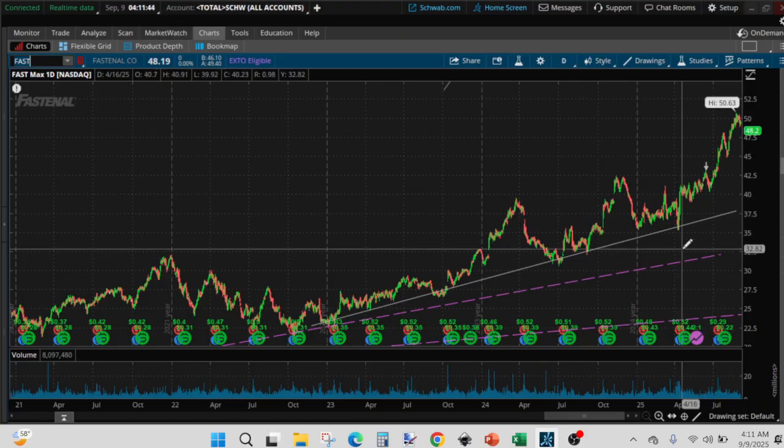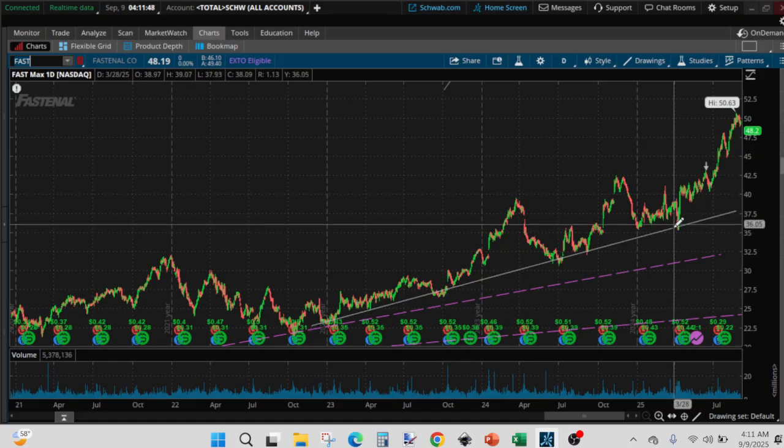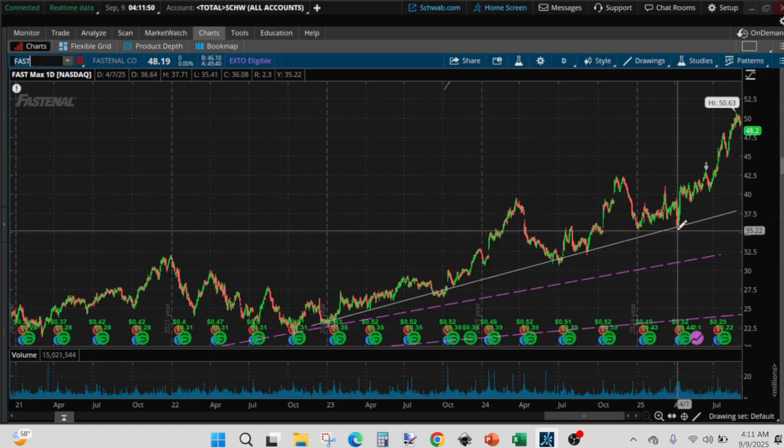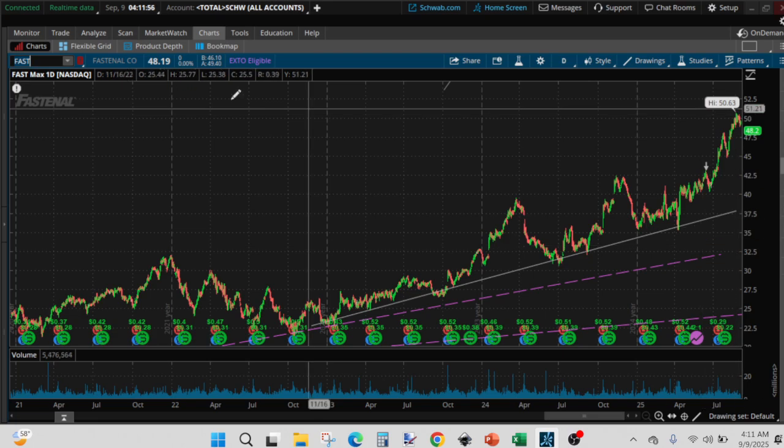So even if you didn't buy it as low as I wanted to buy it, you bought it somewhere here, which is like 35, it's selling at 48, it reached a new high and you sell it. 48 minus 35 is more than $10 there, if not 13 or so.